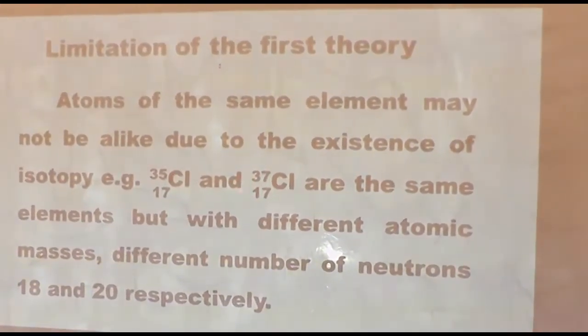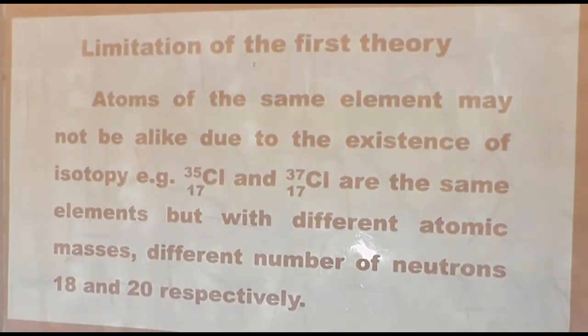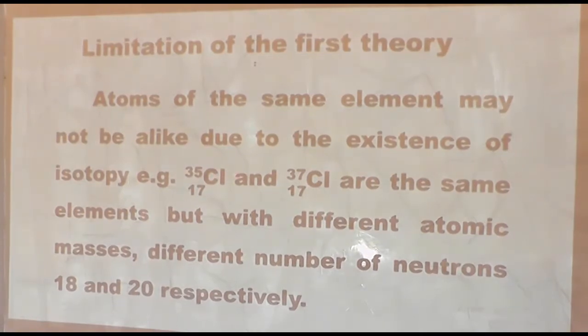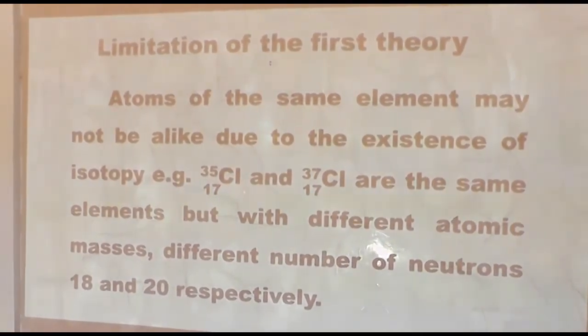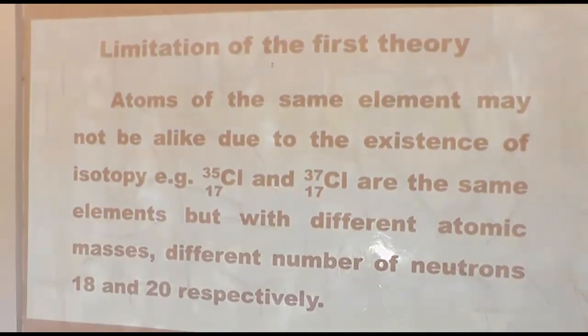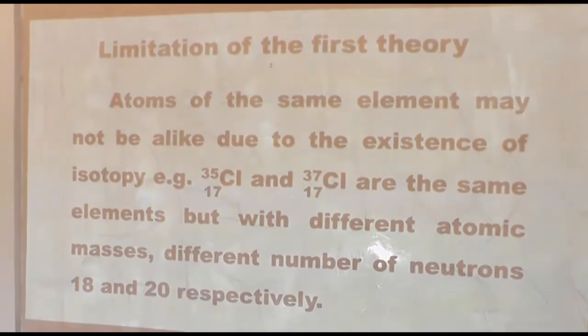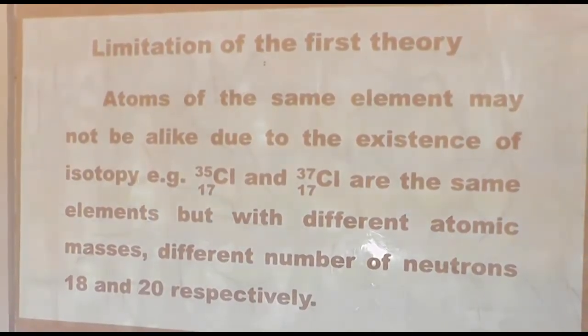However, when you compare these chlorine atoms, you will discover that they are atoms of the same element. You will also discover that they have the same number of protons and the same number of electrons, which represent their atomic number.